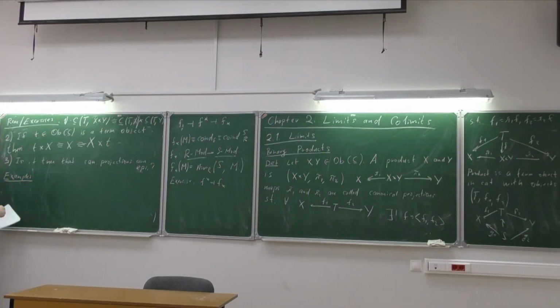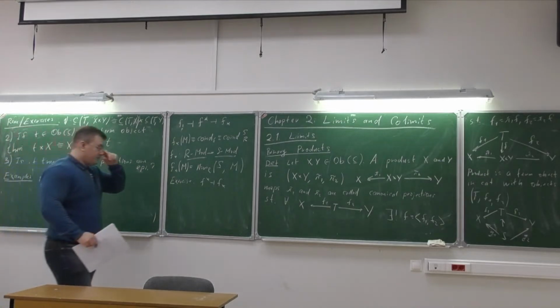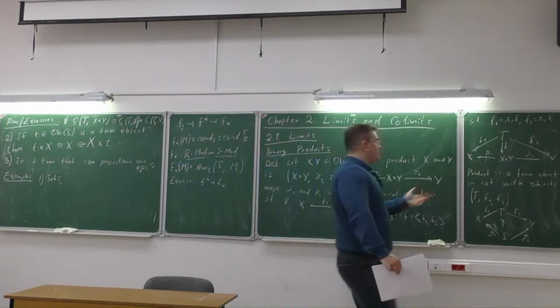For example, if you take sets, then I think this is not a surprise. Well, maybe you can tell me what's the product in the category of sets. Yes, that's the standard Cartesian product of two sets, and why? Well, we just need to see that this definition is satisfied.